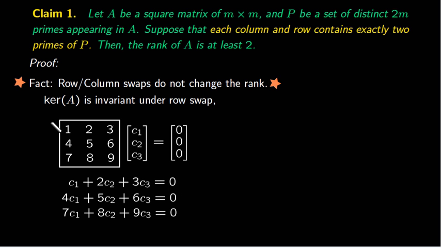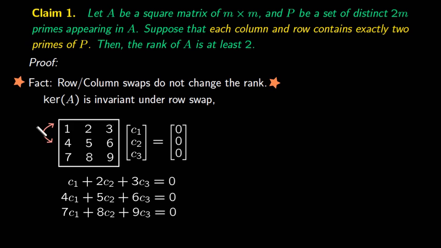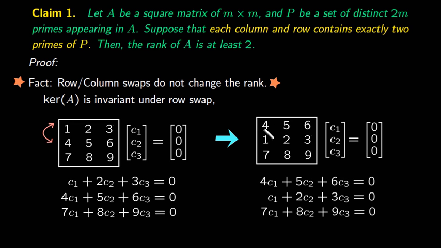Row swap will be just rearranging this equation. For example, if I swap these 2 rows, you're going to end up at this matrix. If you actually expand this one, you end up at this system of equations. However you solve these individual equations, in what order, the solution space is the same.